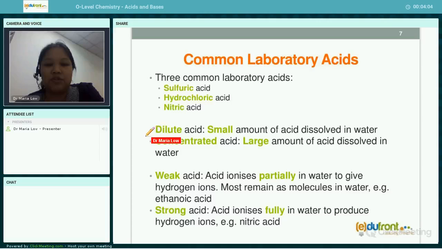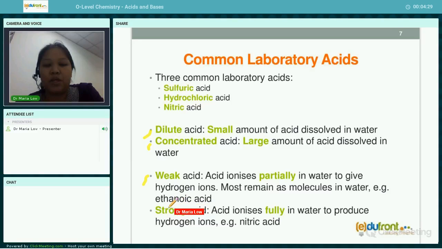The terms dilute and concentrated have different meanings from weak and strong, which is a common misconception that many students make. When we describe a weak acid, what it means is this acid actually ionizes partially in water to give your hydrogen ions, whereas most of them will remain as molecules in water.